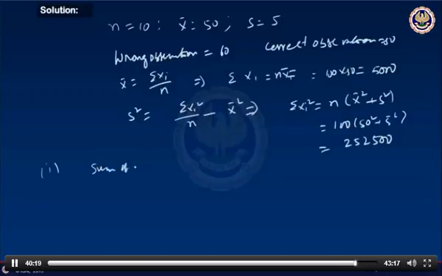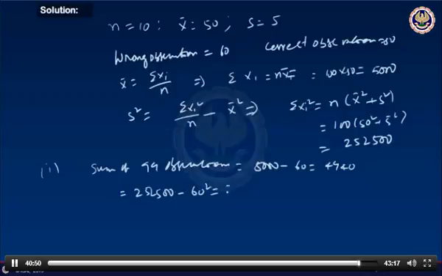So the sum of the 99 observations is 5000 minus 60, which is equal to 4940. And the sum of the squares of observations after leaving out the wrong observation is 2,52,500 minus 60 square, which is equal to 2,48,900. Then the variance of 99 observations is 2,48,900 by 99 minus the mean 49.90 whole square.